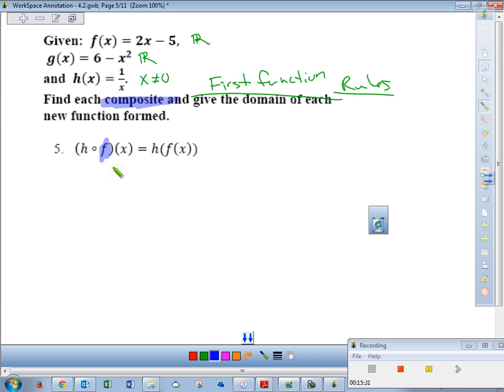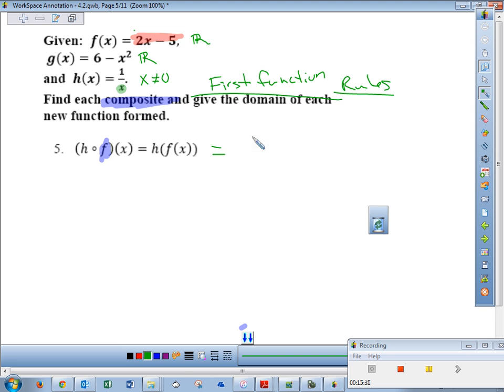But to look for restrictions, we have to look at F's original domain. Isn't F the function that comes, quote unquote, first? What's his domain? All reals. Aren't we allowed to select any number we want to? Now, let's put him into H. So H of f of x equals, I need to take this guy, let me get a highlighter, and substitute him in for x into the H function.